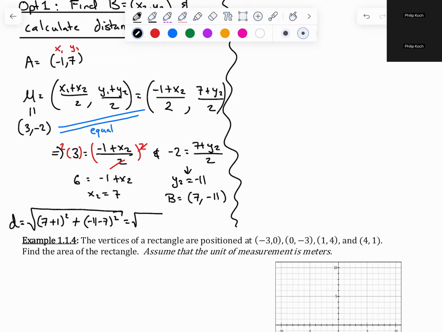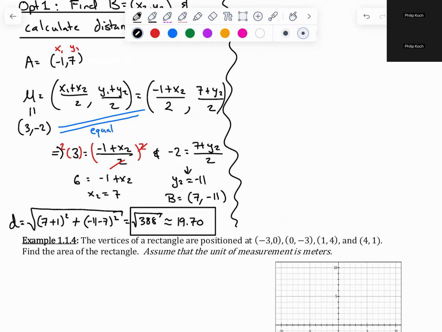That's equal to the square root of 388, which is approximately 19.70. Once again, it's 7 plus 1 because it was 7 minus -1 for our x sub 2 minus x sub 1. And then that's 8 squared plus 18 squared. That'll add up to 388, which is approximately 19.70.